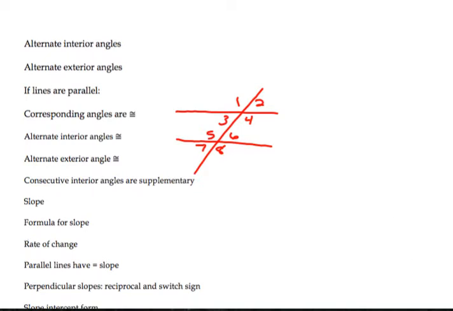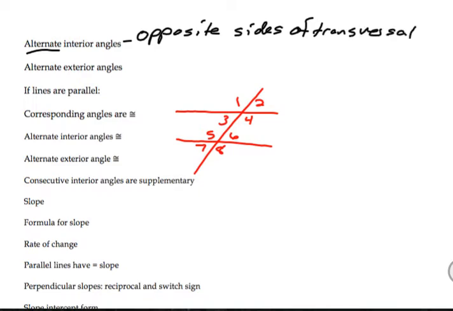Now let's talk about alternate interior for a second. So alternate interior angles. They are alternate, so opposite sides of transversal. So I pick up that word, the interior, but still between parallel lines.